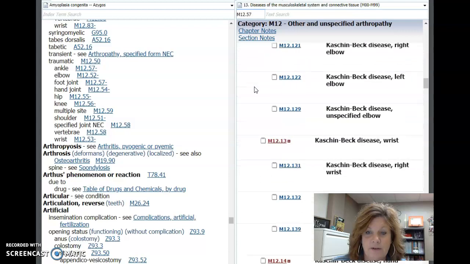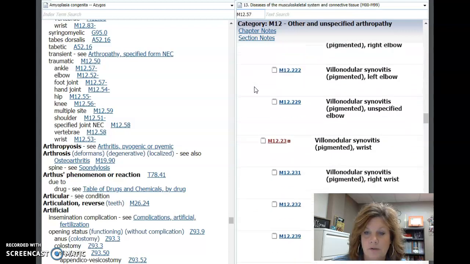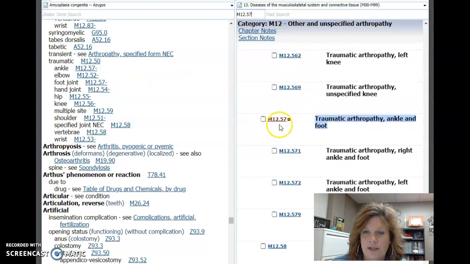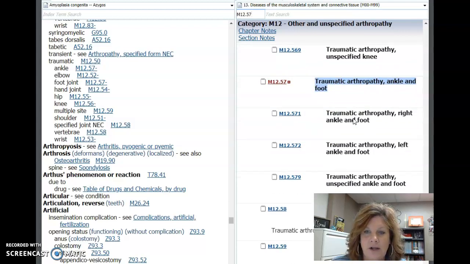See, this is why electronics don't always work. All right, so here we have traumatic, ankle and foot, which, again, we're looking at ankles, so this is our correct code. It's the right ankle, so if I look down, right there's my code, right ankle. So my first code is going to be M12.571. That's my first code.